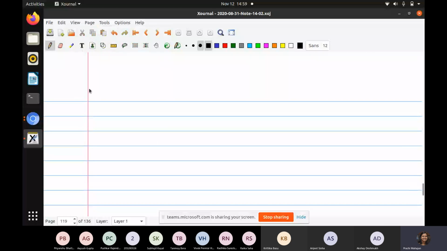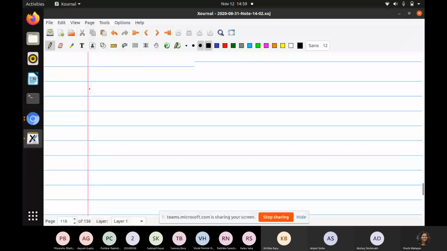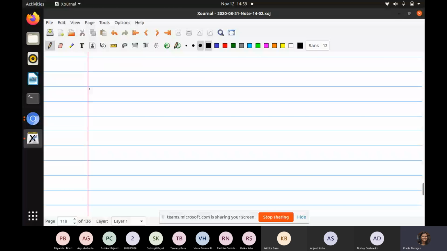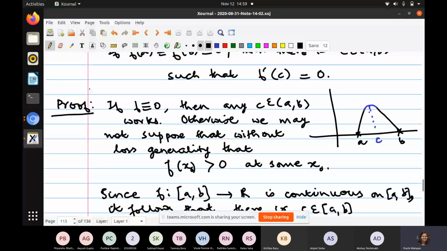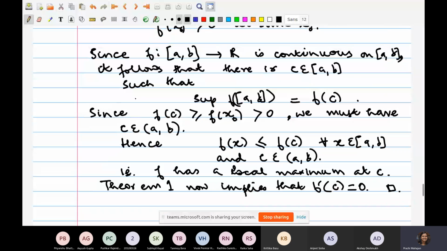I'll just scroll back to the previous page where we were. In case you have some questions, please ask. So we knew that the derivative of f, if f is given to be differentiable, vanishes at points of local maxima and minima.